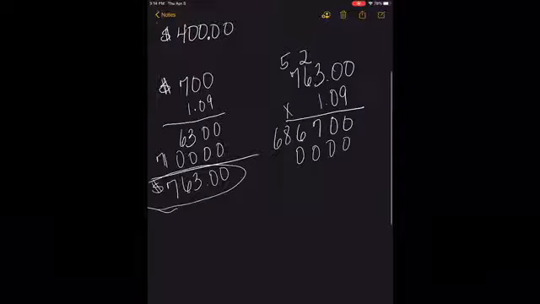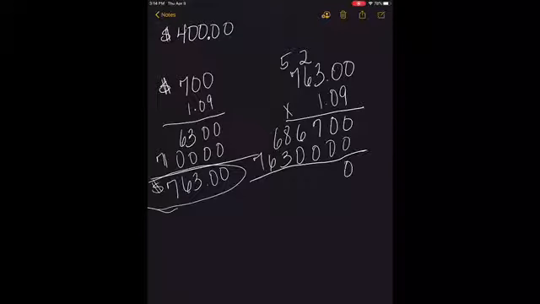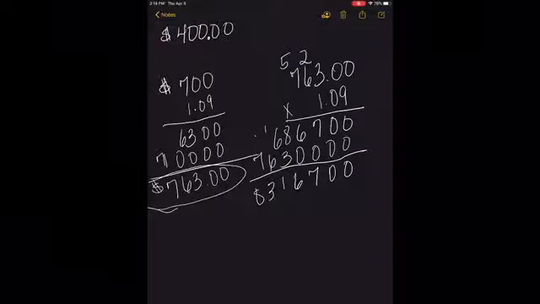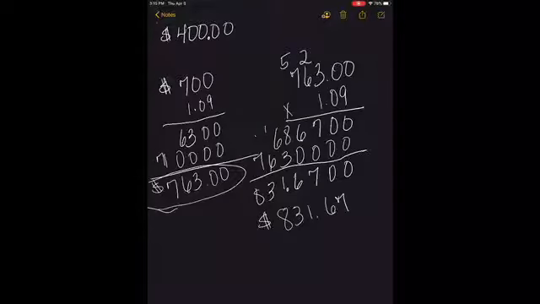But we are going to include our principal, which is the amount that was already there. So after 2 years, we have $831.67.